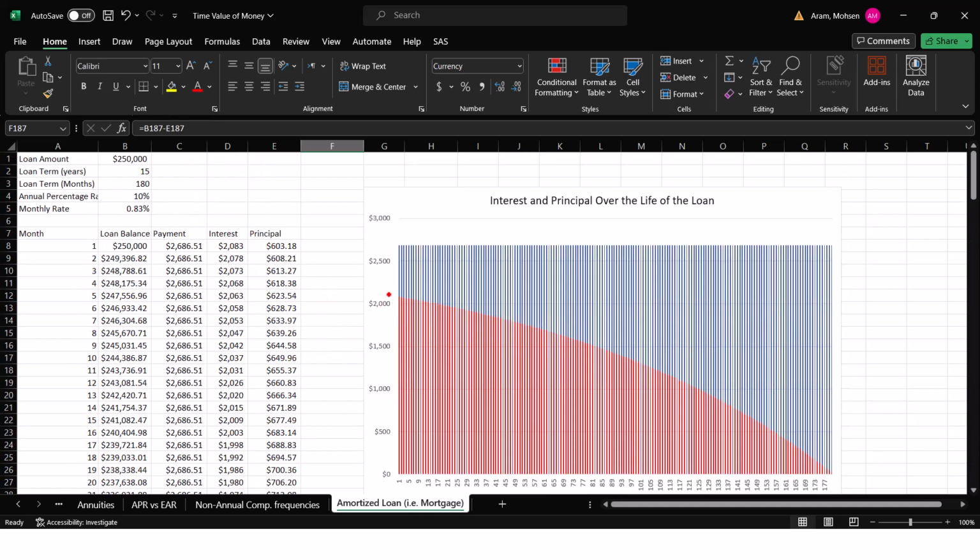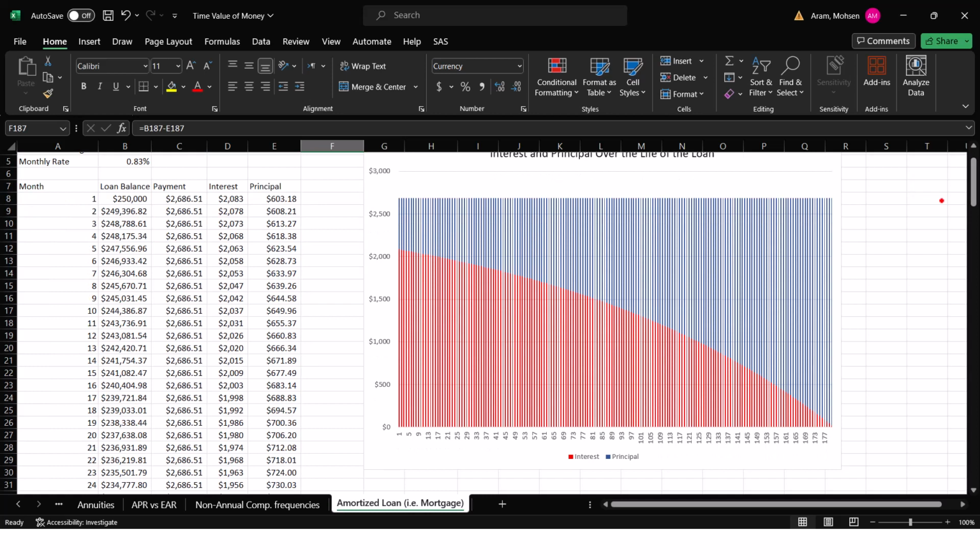So here you see that I graphed it. As the loan ages, as you can see, the height of each column is 2,686.51. The payment of the loan is fixed over the life of the loan. The monthly payment is going to be 2,686.51.